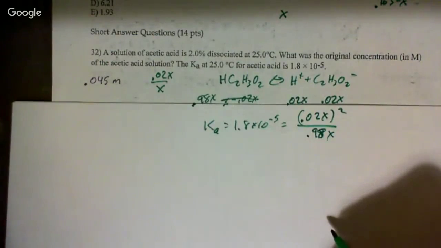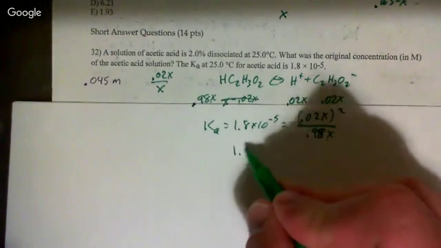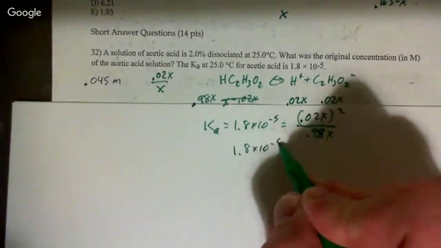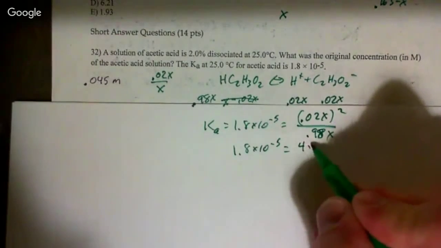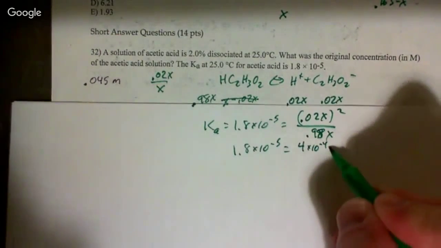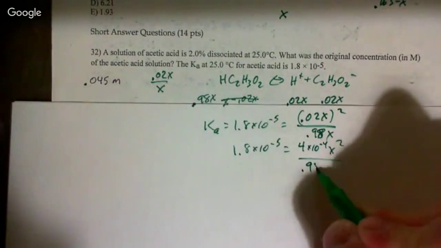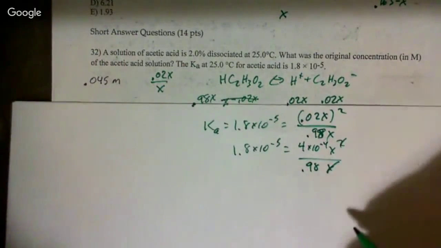At this point, I've got this expression: 1.8 times 10 to the negative fifth equals 0.02 squared, make sure you're not doing anything silly, that's 4 times 10 to the negative fourth, x squared, over 0.98x. We're going to get rid of an x.